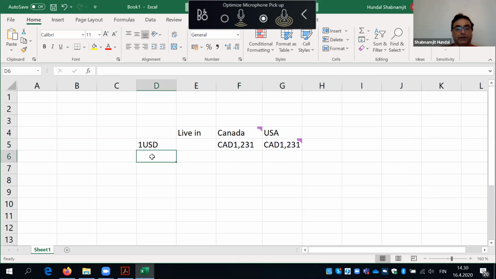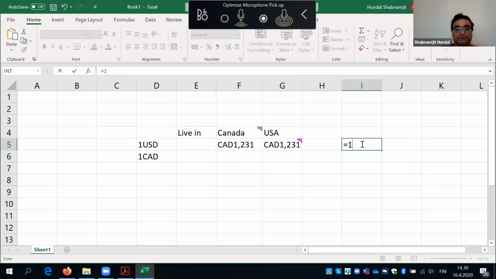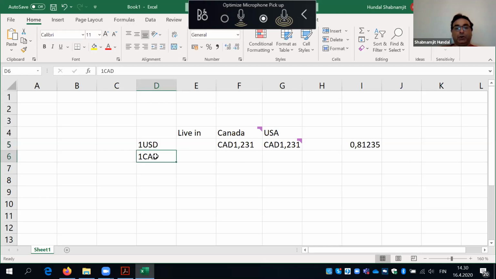What you would rather do, if you want to write 1 Canadian dollar in the US, let me quickly make a calculation. 1 divided by 1.231. So 1 Canadian dollar would be equal to USD 0.812, let's say.